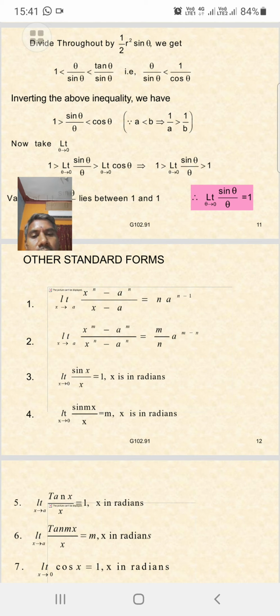These standard forms are very useful in the exercise problems. So to memorize these formulas, you should write them a number of times. So let us recall or read once again.